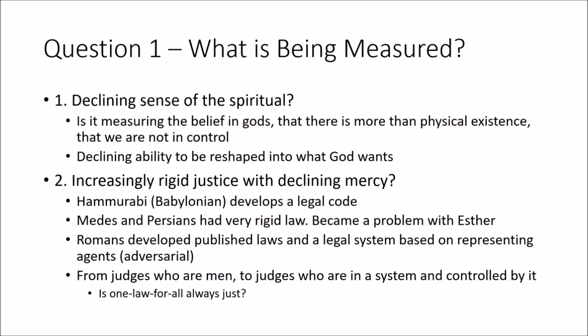And so it seems like there might be another aspect of this that is related to that spiritual aspect, which is as the declining spiritual happens through these sequences of empires, we also see increasingly rigid justice with a declining mercy shown to people. So that seems to be in the background as well.